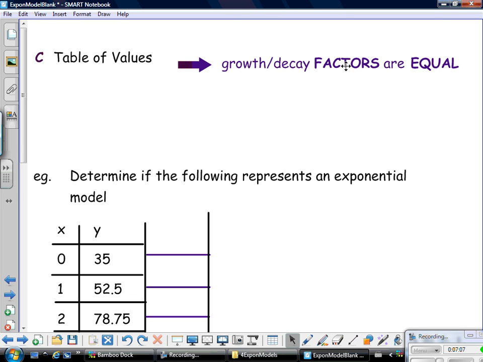Factors means multiplying is going on here. And when we're talking about whether something multiplies, we're going to do some dividing here. And it's also important to recognize that if I did first differences and second differences, they would not be equal. So what I'm after here is whether the factors are equal.